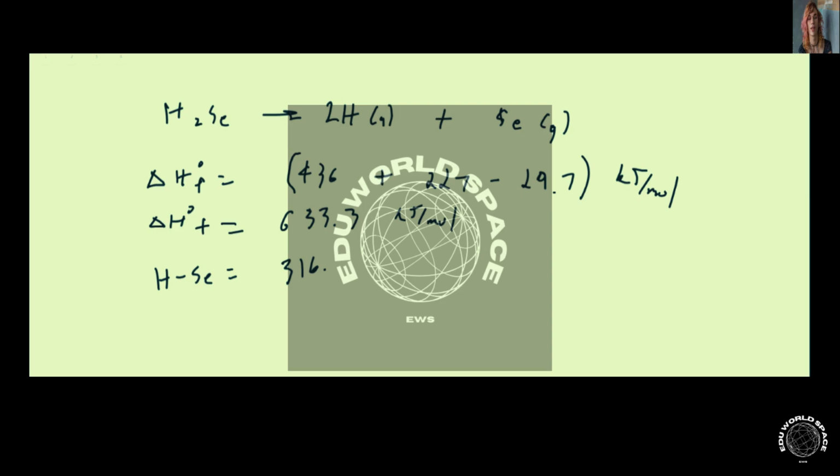And divide by 2. And we get this bond enthalpy of 316.65 kilojoules per mole for the selenium.